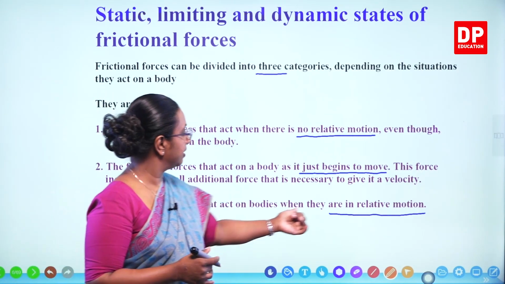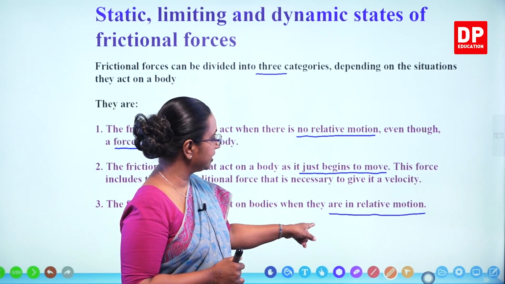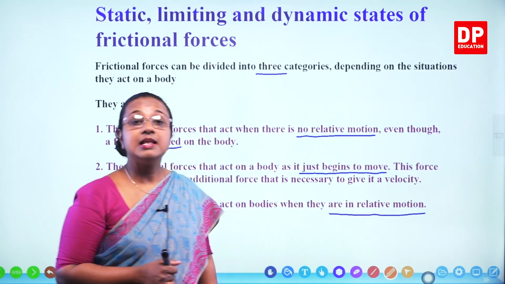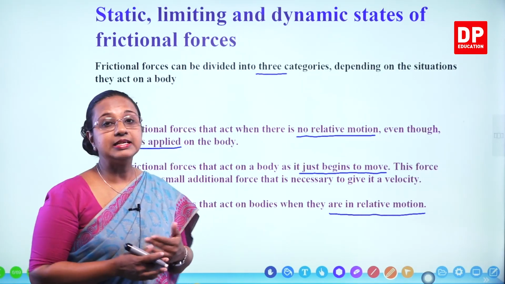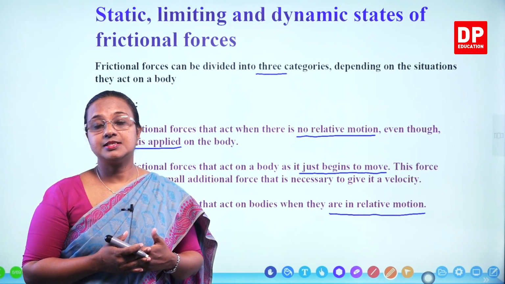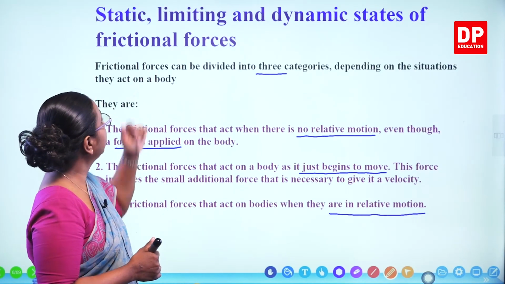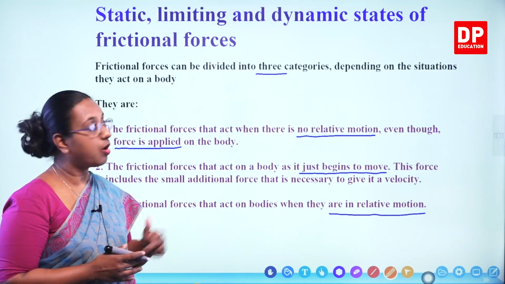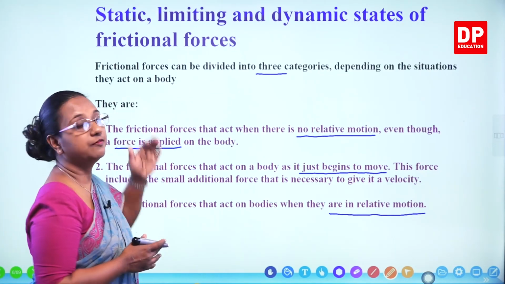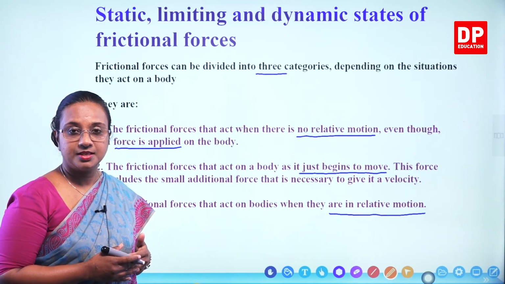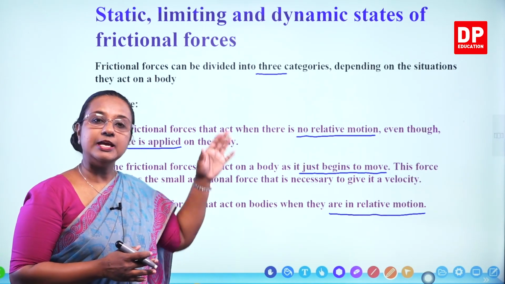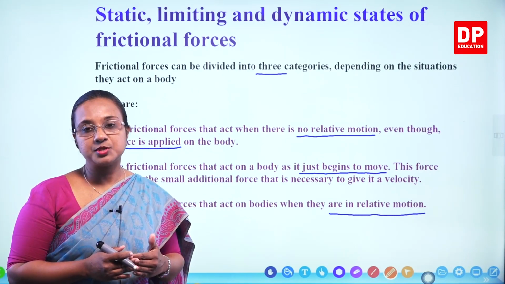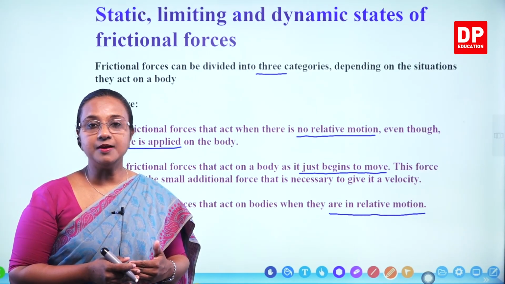So, that is the frictional force exerted when they are in relative motion. So, these are the three instances in which frictional force acts, or the three states of frictional forces. I am sure you would have got a good understanding of what these three types of frictional forces are.